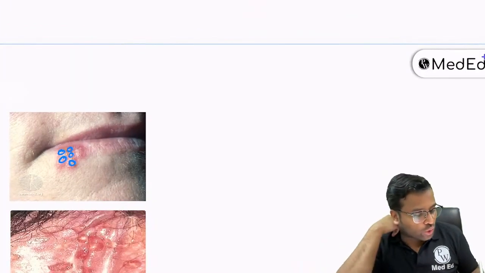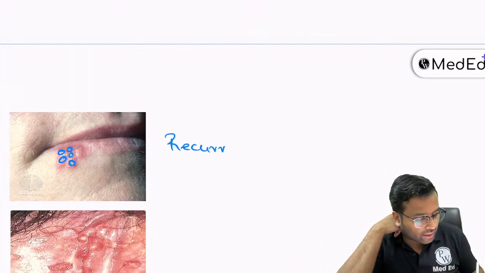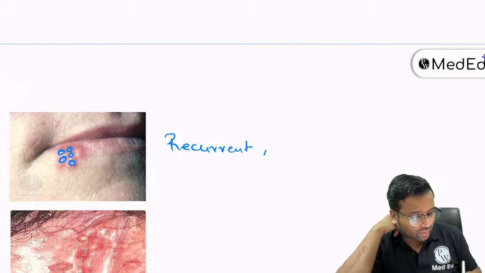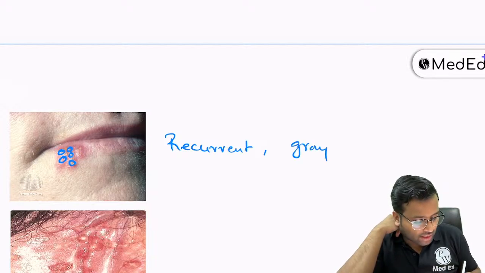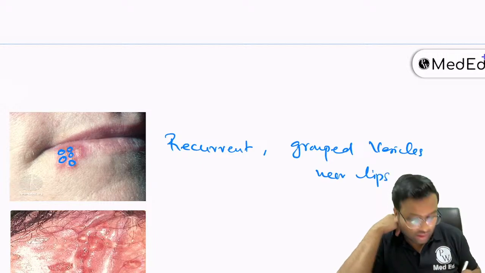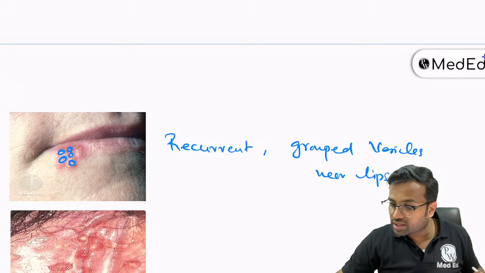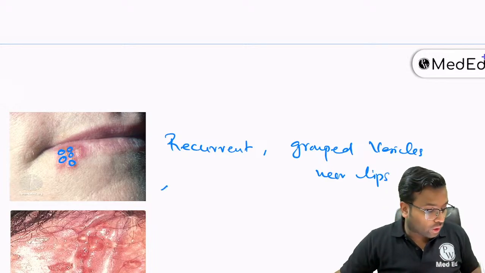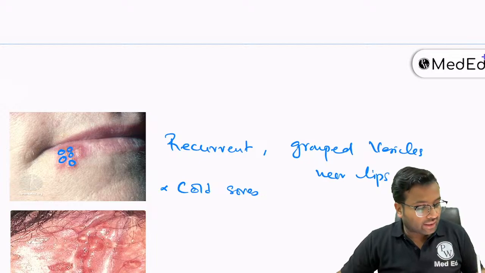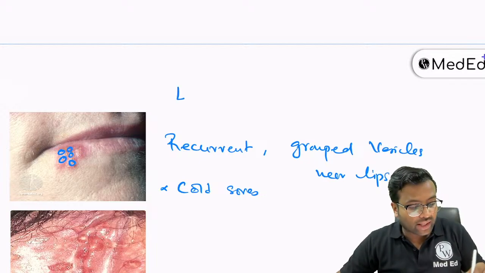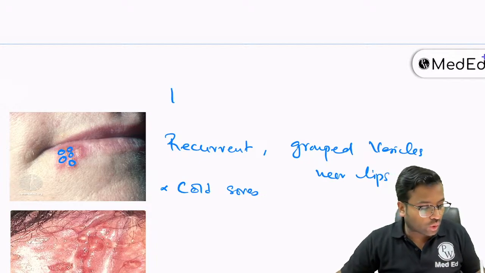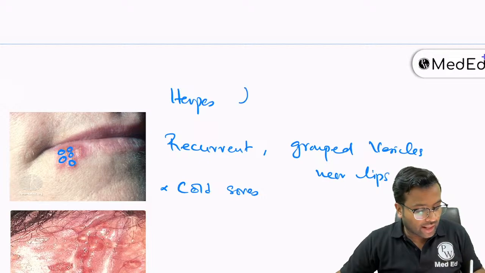So this is usually going to be recurrent grouped vesicles near the lips. So in this case, what is the diagnosis? Yes, this is what we call cold sores, and these are called herpes labialis.